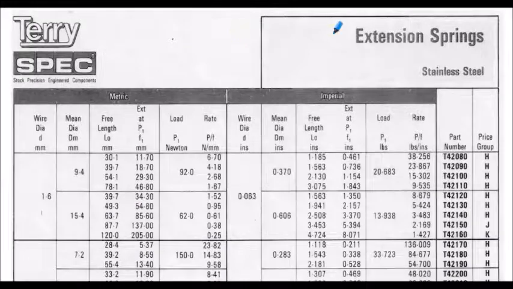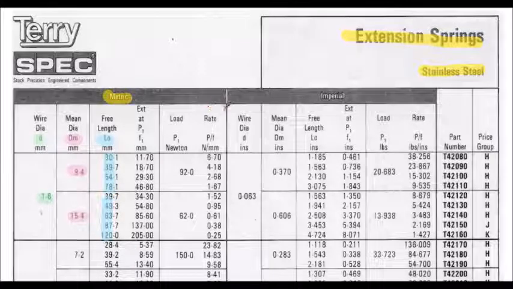Here is a further extract of the extension springs from the catalogue. These are actually made of stainless steel, it states. And here is the geometry and spring stiffness in terms of metric dimensions. So for a given wire diameter, we have two different mean diameters, and a range of free lengths for different mean lengths of spring for each mean diameter.